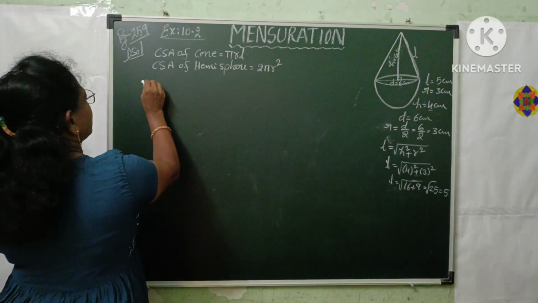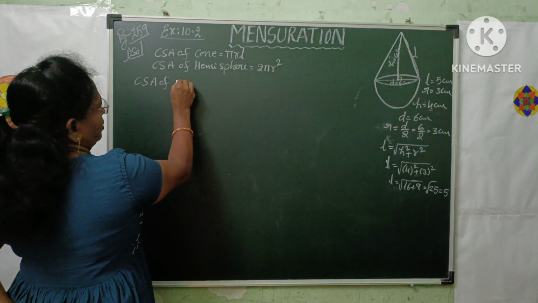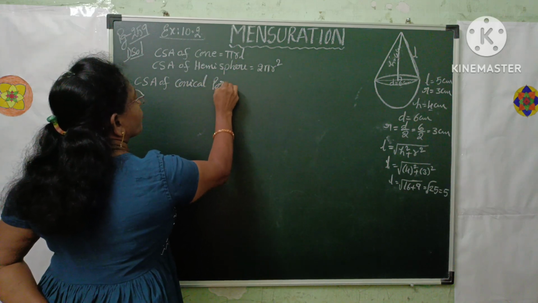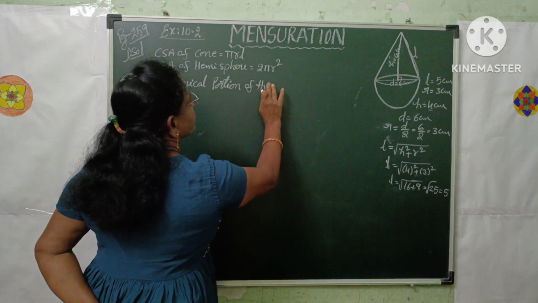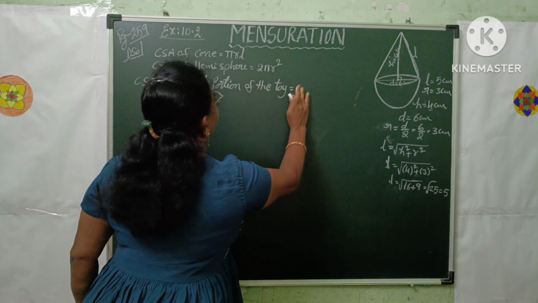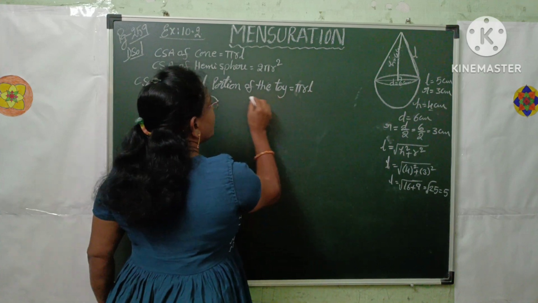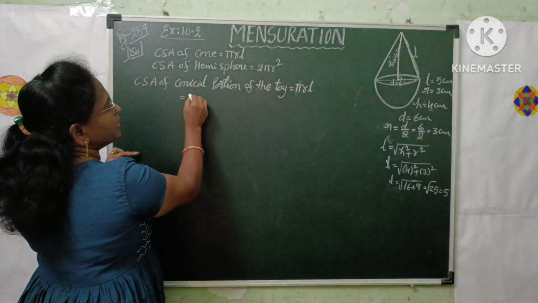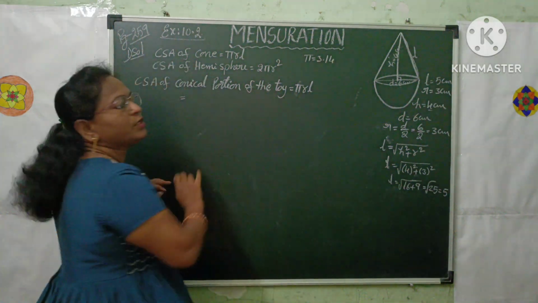Right. First one, CSA of the conical portion of the toy equals pi r L. Here pi equals 3.14, easy to cancel.